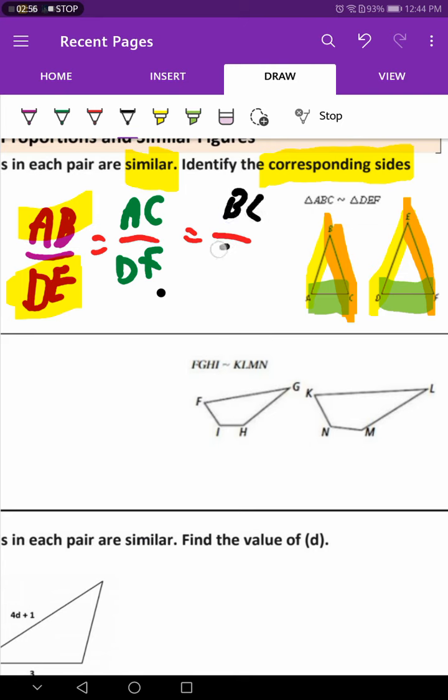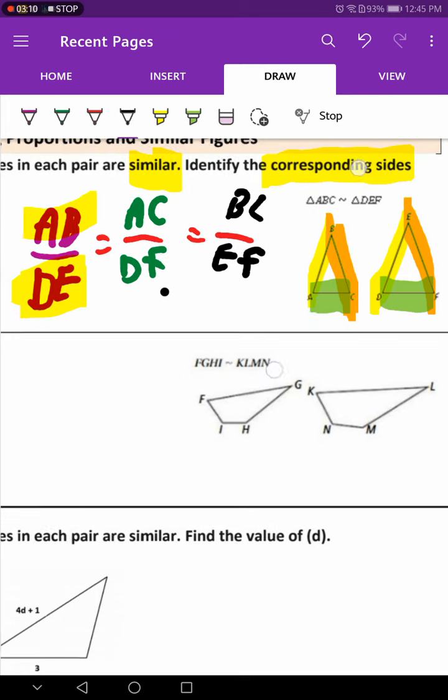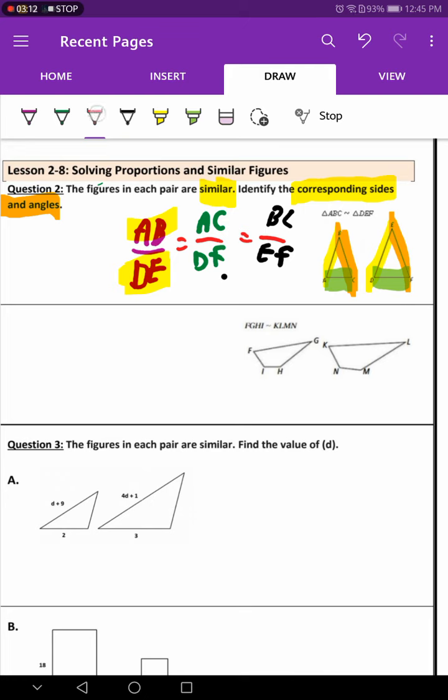BC over EF. Now, in this way, I write the corresponding sides. It is easy, yes? Good, isn't it? Nice. Now, I finish the corresponding sides, my dear student.